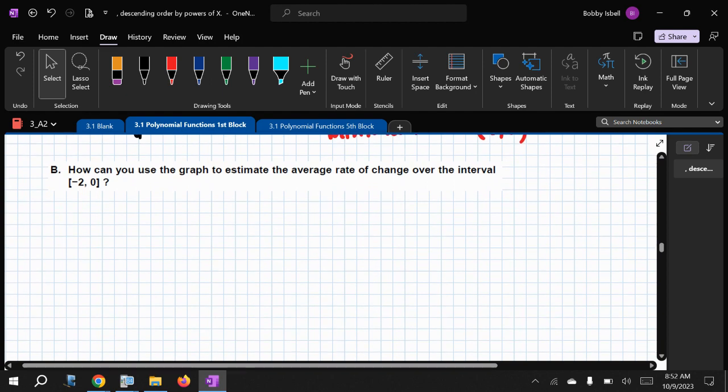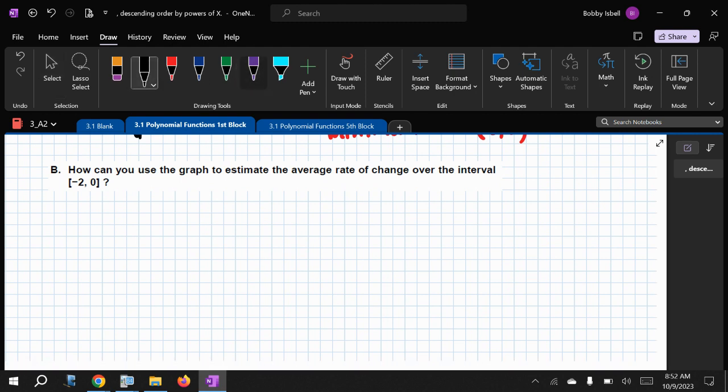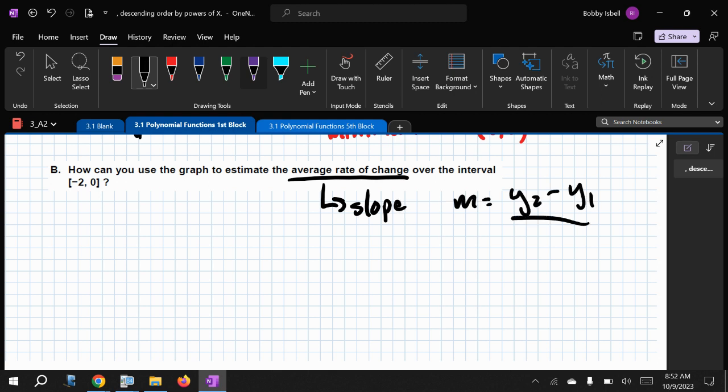How can you use the graph to estimate the average rate of change? What is the average rate of change? Over an interval, it's slope. So average rate of change is a slope over the interval from -2 to 0.